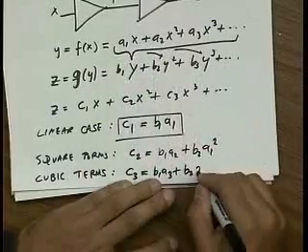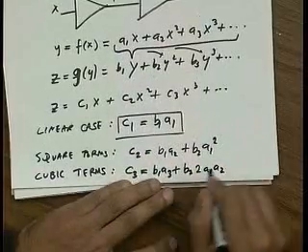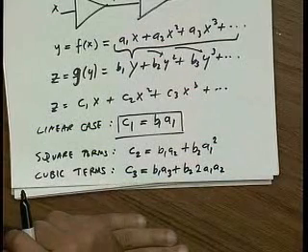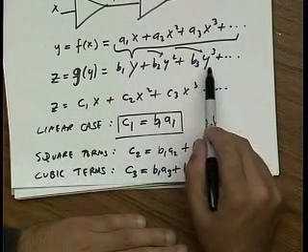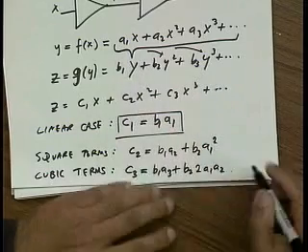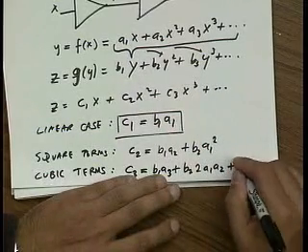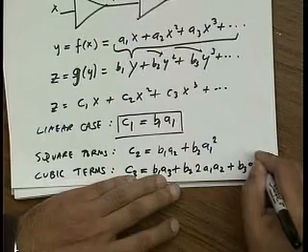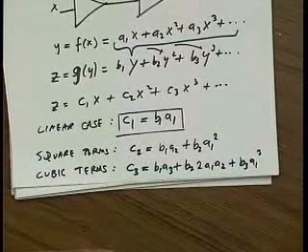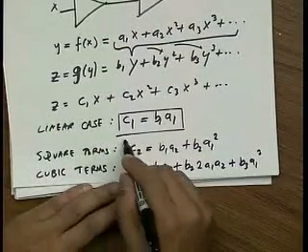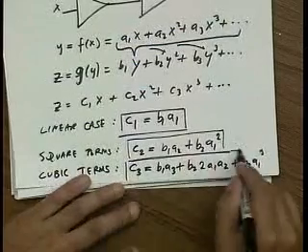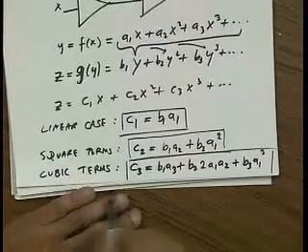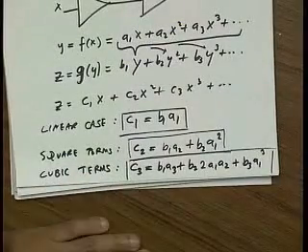So I get 2 times A1 A2, and that gives me a cubic term. And finally, I get my y cubed term, which cubes the A1 term. So I get A1 cubed. And that's it. So I can circle these equations. And now, when I have a cascade, I can just apply these equations.